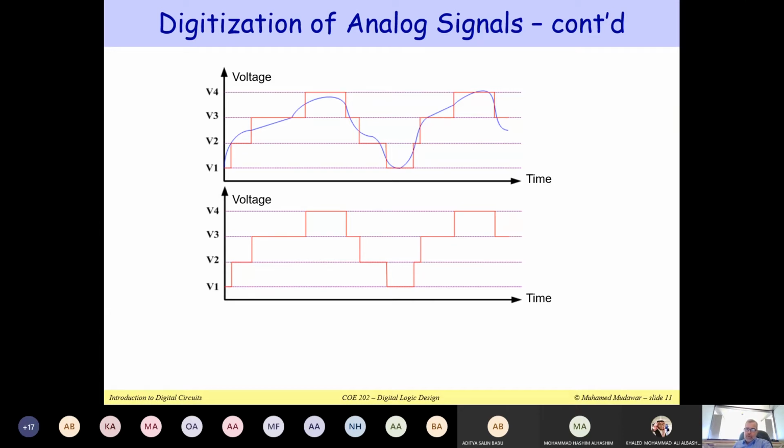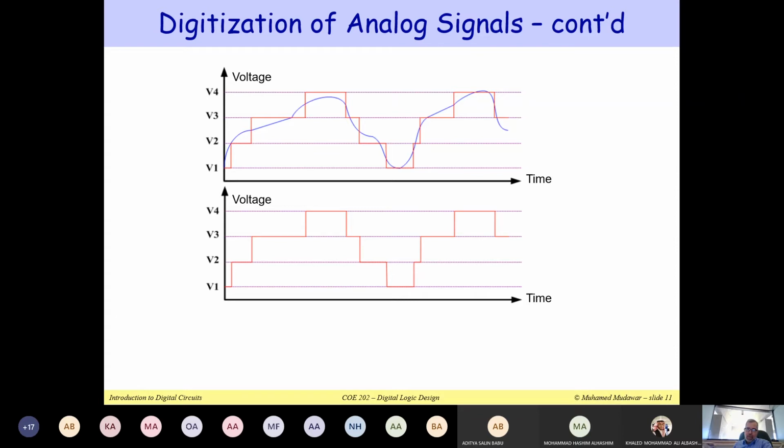Now, which one do you think is more accurate? Is the analog signal more accurate or the digital one? The analog. The analog, yes, because it can represent all values between V1 and V2, and all values between V2 and V3, and between V3 and V4. All of these values can be represented.